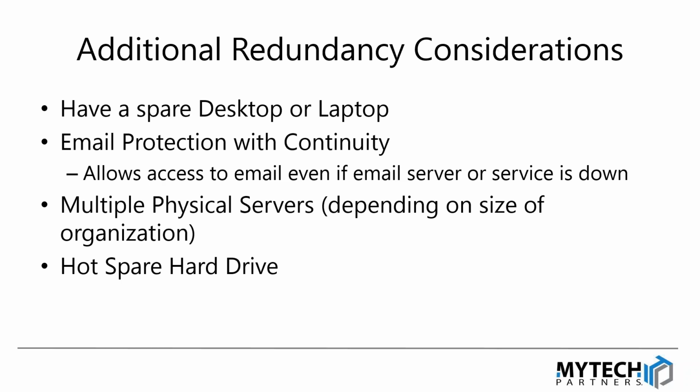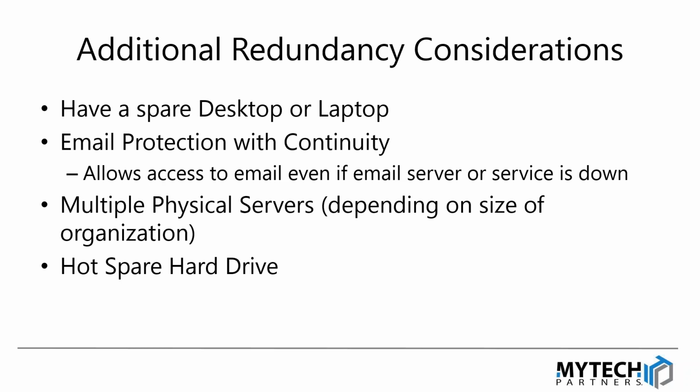The other one that's also a pretty easy thing, and many people might have this already with their spam filter, is that with different spam filters, there's options to have email continuity. Email is very, very critical to organizations today, more than it was definitely 10 or 15 years ago. So a lot of times you might already have it, or it's an easy add-on, or something you might already be paying for.